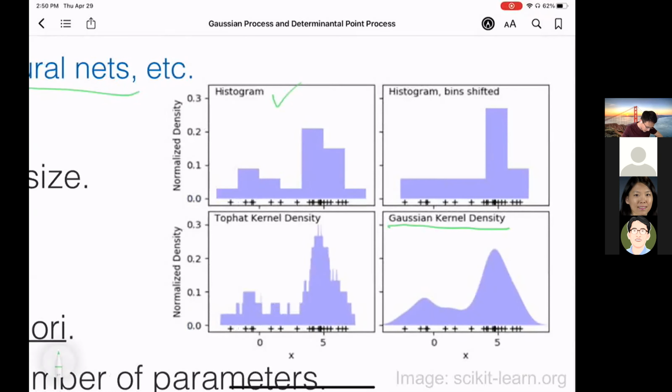In this case, for this data point, I'm going to fit a Gaussian there. For this data point, I'm going to fit a Gaussian there. Basically, for each data point, I assume there is a Gaussian distribution centered around it. And then when I want to estimate the density over the whole data set, I just combine all of these Gaussians together and then normalize them to sum to 1. That results in this nice looking density here. I think this looks much better than the histogram, right?